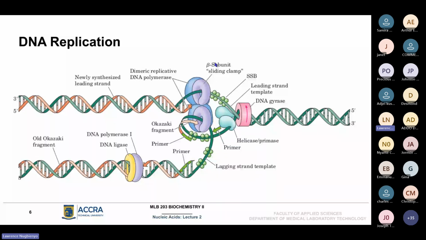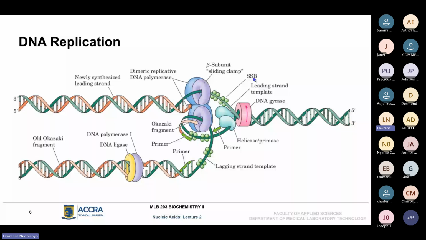Clearly, all these proteins are involved in stabilizing the replication fork for the process of replication to occur. So you have stable binding proteins, SSB.